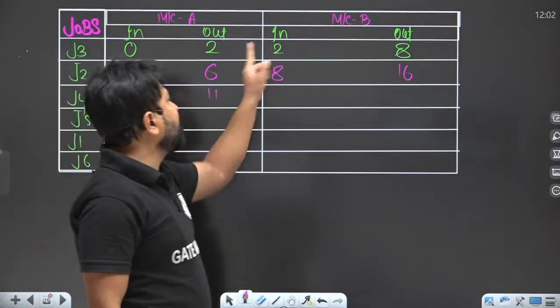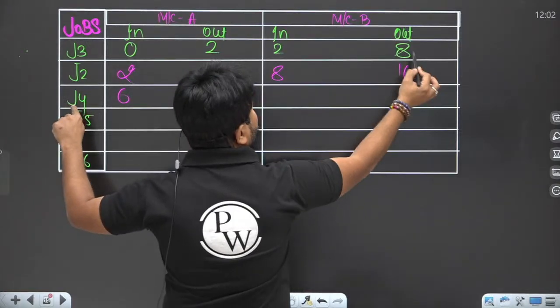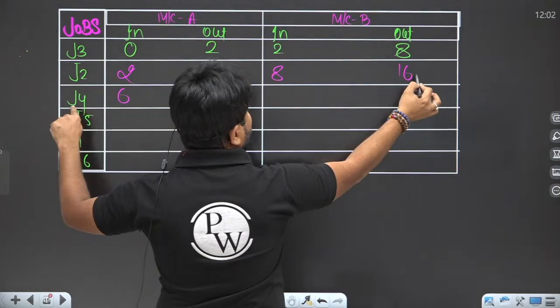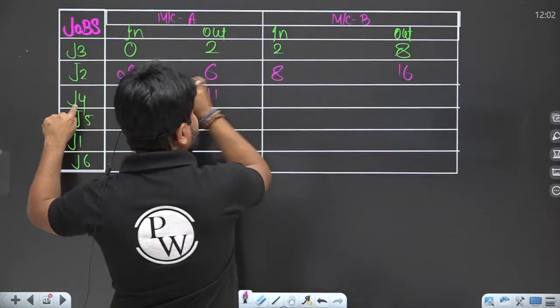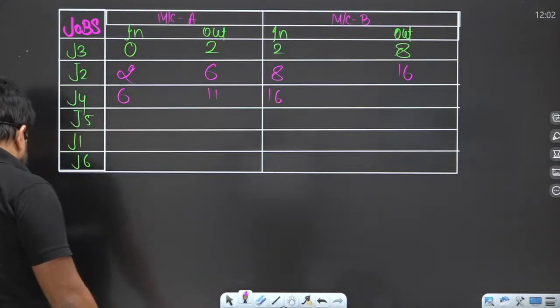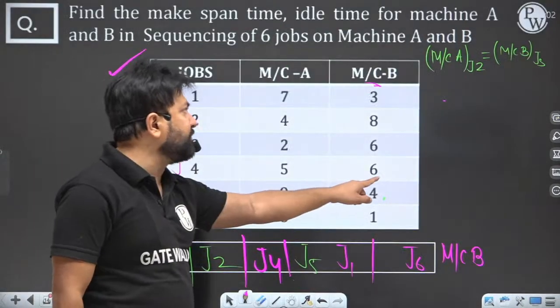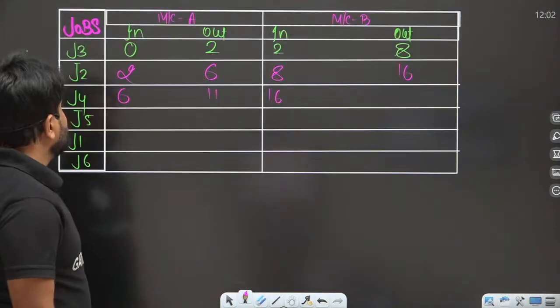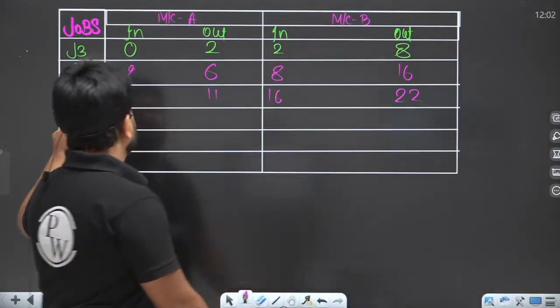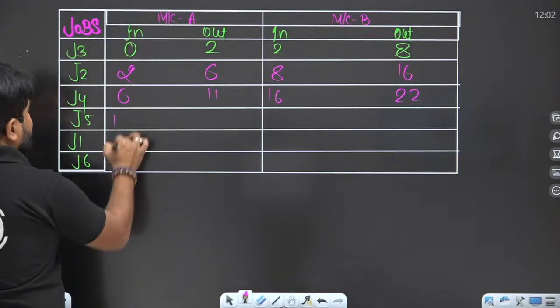Now J4 has to wait because machine B is busy with job 2 up to 16. So J4 will be loaded at 16. J4 has a processing time of 6 on machine B, so 16 plus 6 is 22.